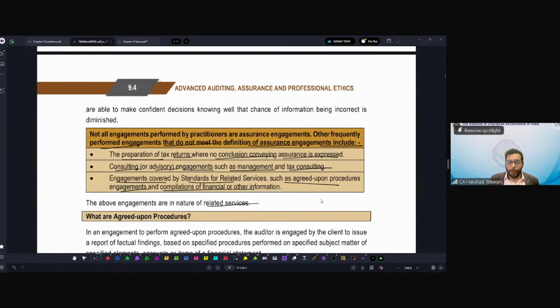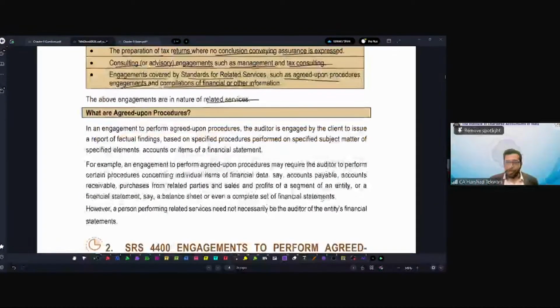What is an agreed upon procedure, as we just discussed? Where you perform specified procedures on specified subject matter, and you report the factual findings, whatever they may be. In that case, that is an agreed upon procedure.